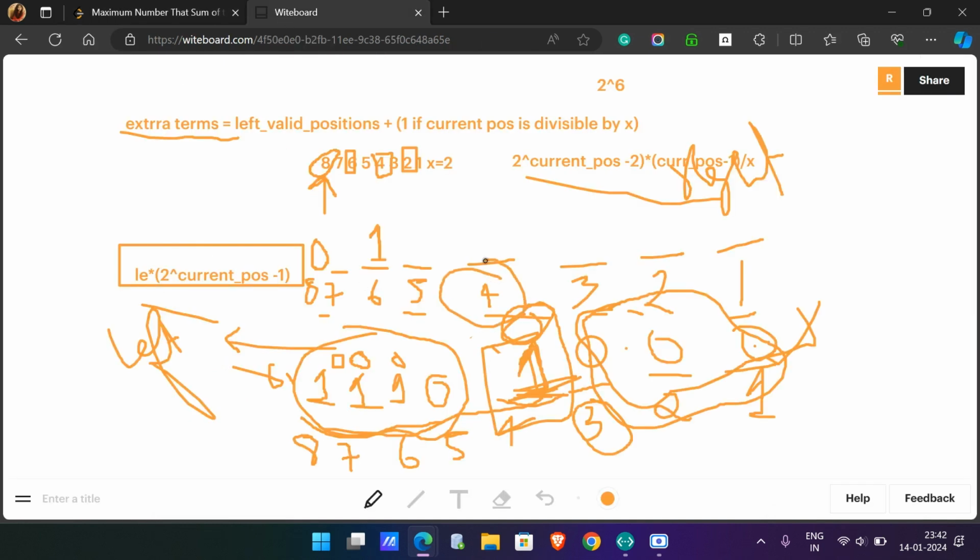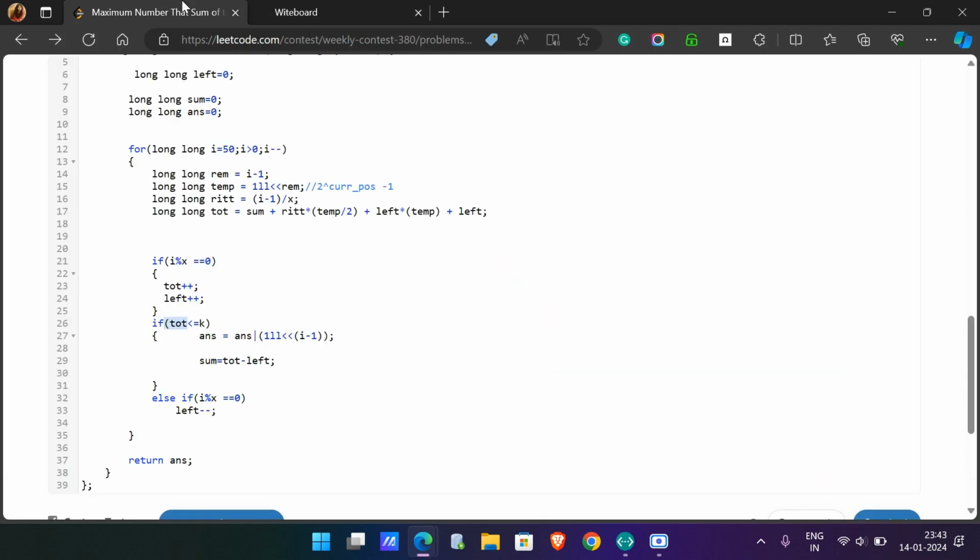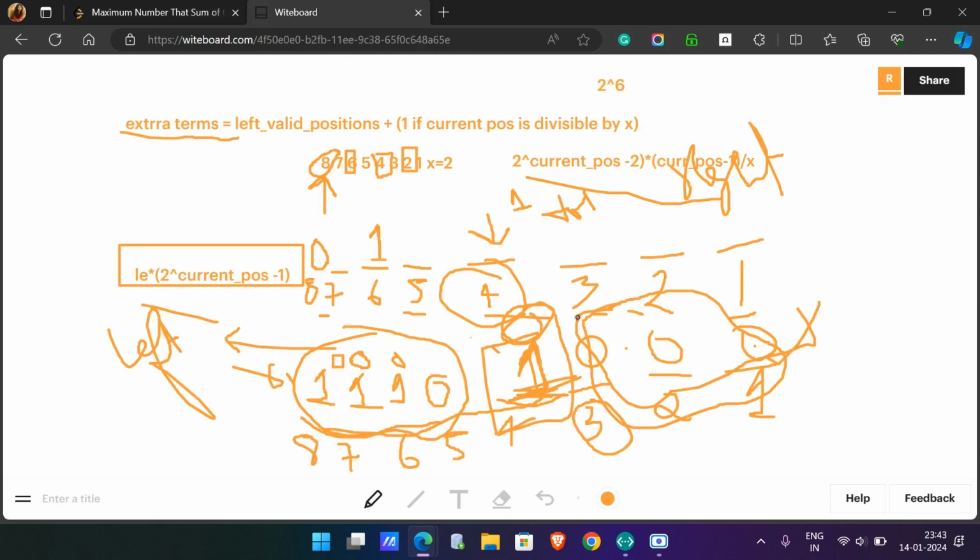This is divisible by 2. Now, if I want to put 1 over here, then the total value is exceeding k. So I won't be able to put 1 over here. If I'm not able to put 1, then I'll be reducing the left one because I'll be fixing that position with 0. And there is no need to modify any answer because I'm just fixing it with 0. So I don't know what these remaining terms will be.